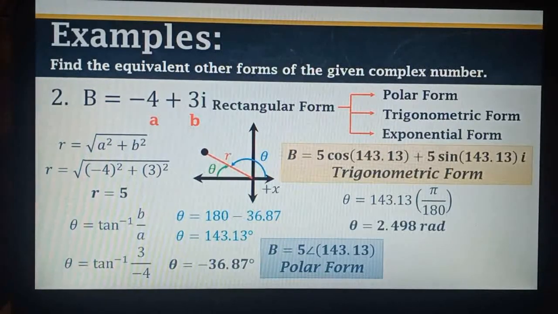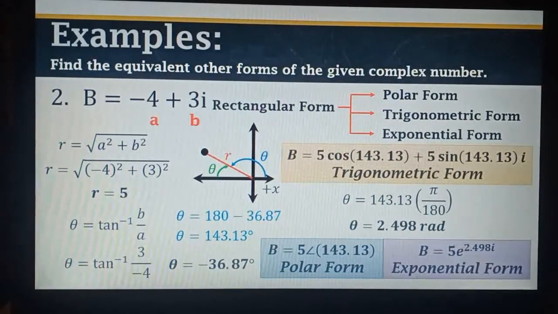The value of your theta in exponential form is 2.498 rad. So your exponential form is b equals 5 e raised to 2.498 I.